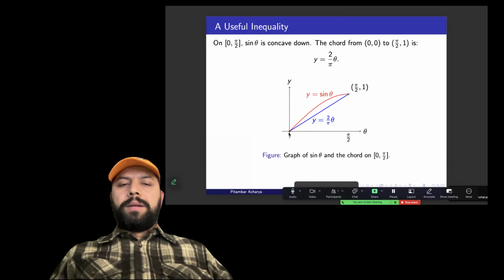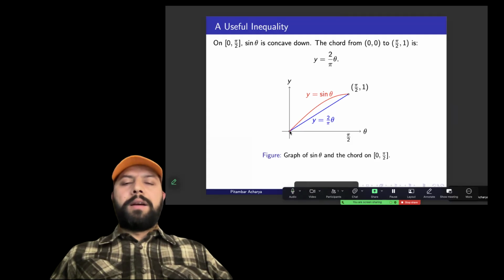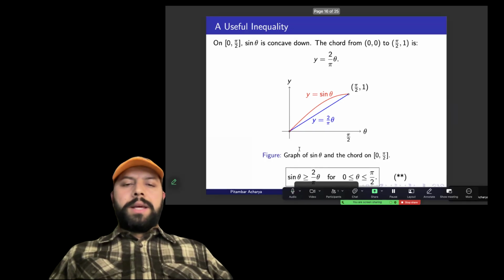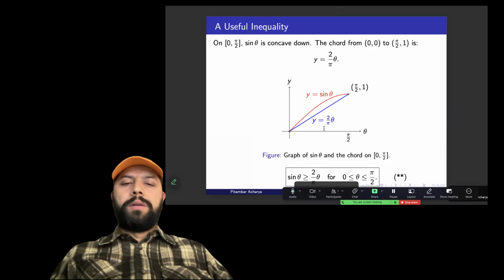So if we take the sine curve from 0 to pi over 2, then we will get this red colored part.